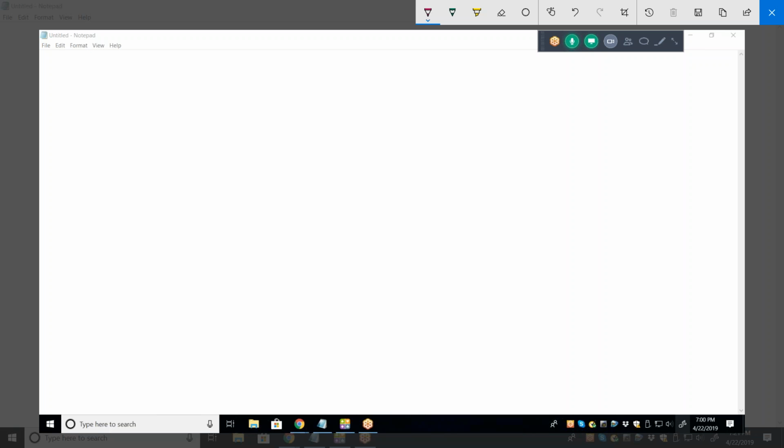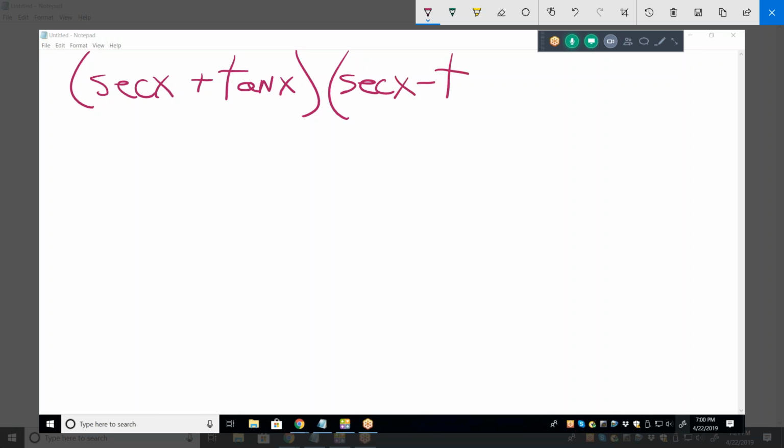The left side is parentheses secant x plus tangent x, multiplied by parentheses secant x minus tangent x, all over secant x.